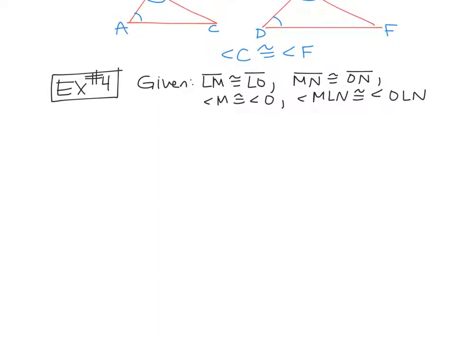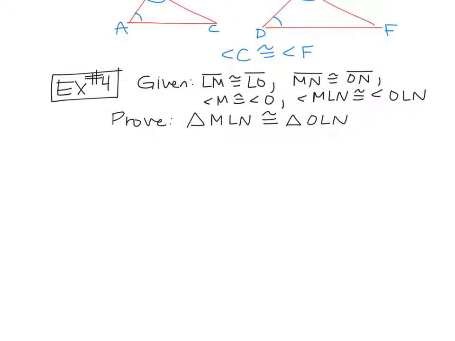Okay, so that's everything that you're given. They're going to ask you to prove that triangle MLN is congruent to triangle OLN.